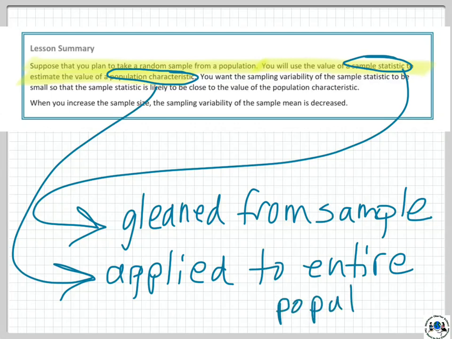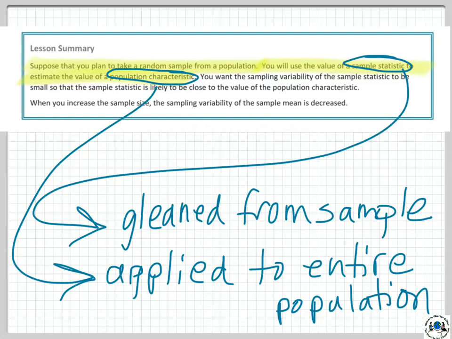So if we want to say, for example, in this activity we just did, that my sample was an average of 58.1 minutes at the gym, that's my sample statistic, all right? And I can only estimate that population characteristic from that. So if I say that, I need to be as certain as possible.